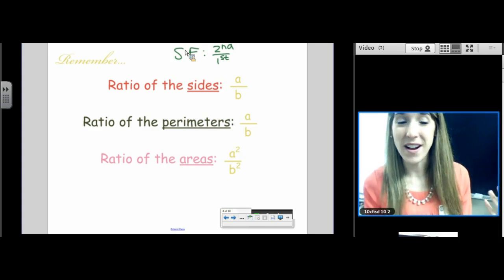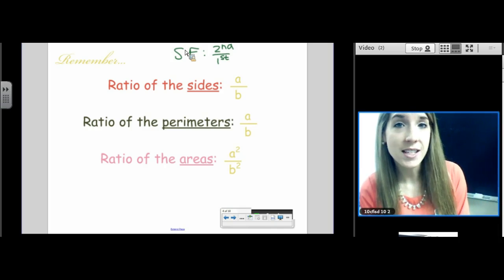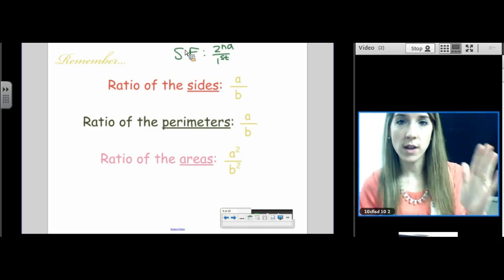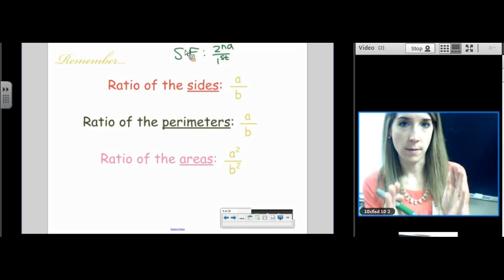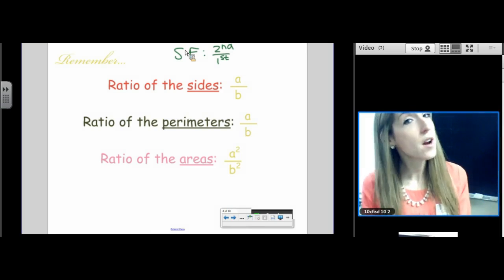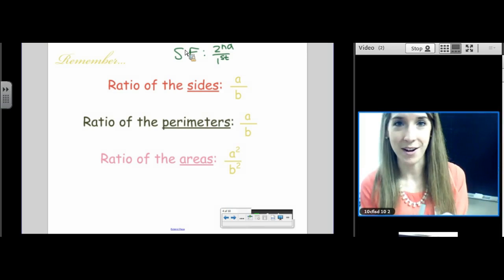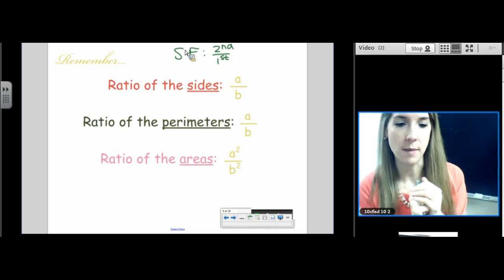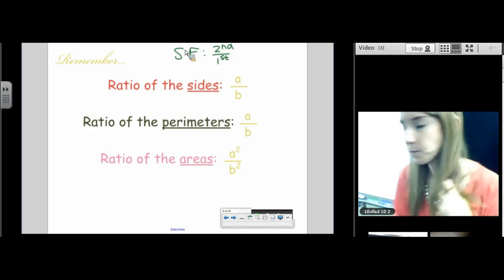But a ratio, if I just say, tell me the ratio of the sides, you can put that in either order. So a ratio, you could have said 1 to 2 or 2 to 1. So in a ratio, if they don't specify, then the order doesn't matter. But in a scale factor, it's always second over first. The order does matter. Did I explain that?